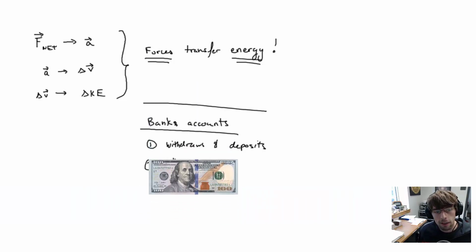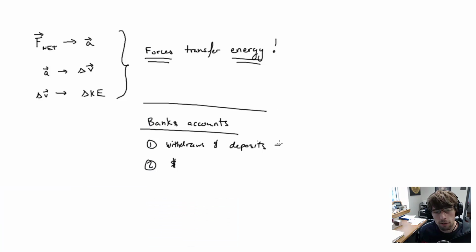And so the analogy is I think of the withdrawal or the deposit process as being the forces, or I think of the total amount of money as being the energy. Either way is right. It's just that sometimes it's easier to think of problems in one way as versus the other.